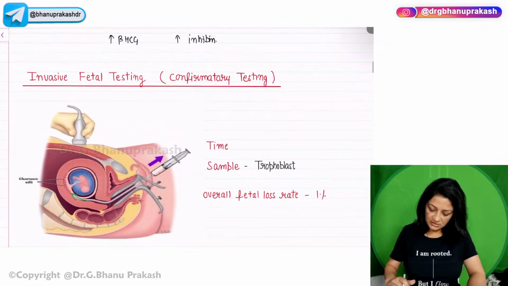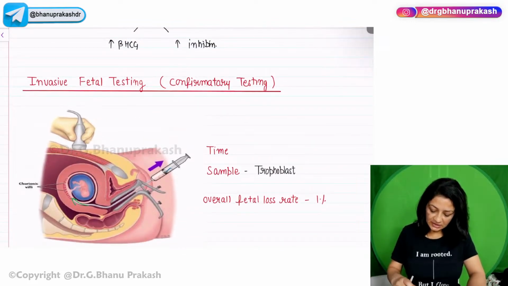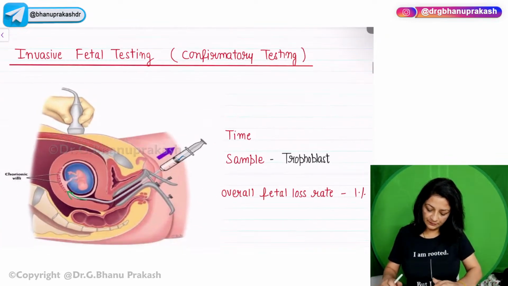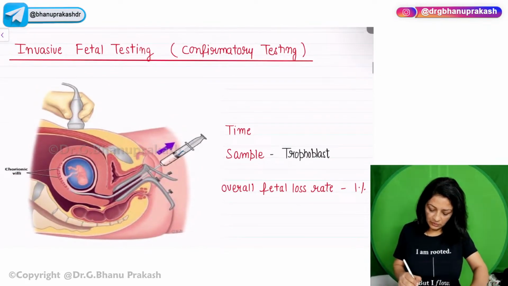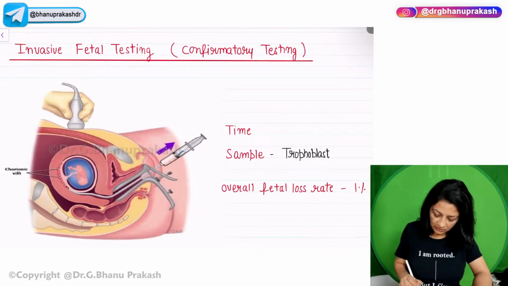सो फर्स्ट वन इज, you can see clearly in this image, we are taking sample from chorionic villi.